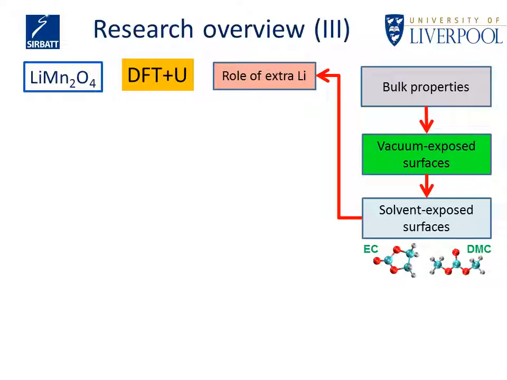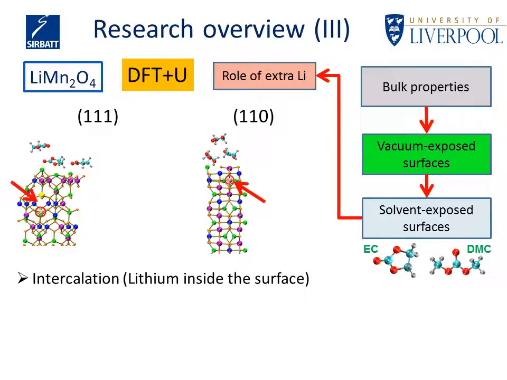In the third part of this work package, we used the knowledge of the solvent exposed surfaces to evaluate the role of inserting extra lithium to the system for lithium manganese oxide. We first consider the effect of lithium intercalation, that means lithium inside the surface, and here we display two different surfaces for lithium manganese oxide, the 101 and the 110.